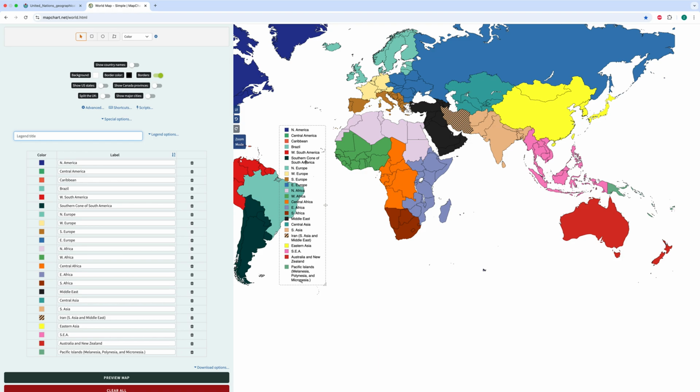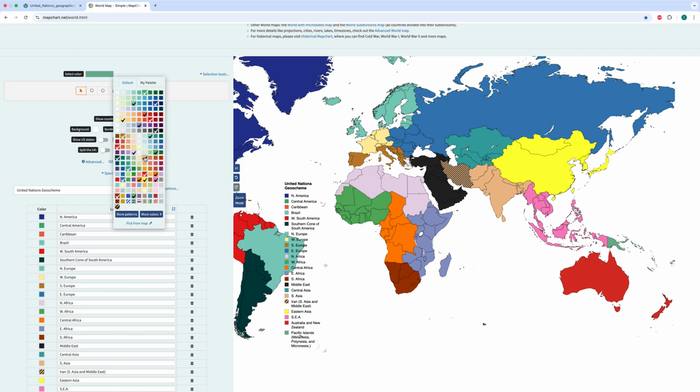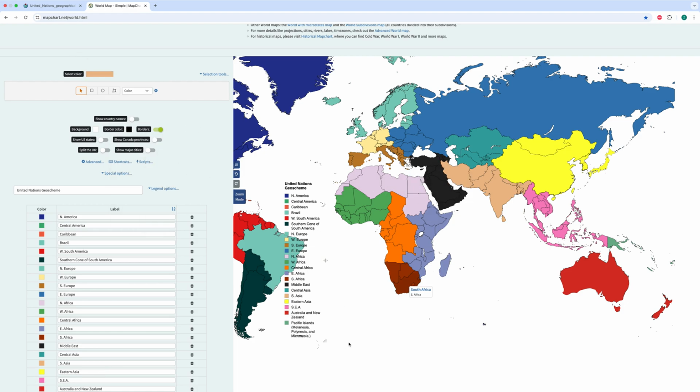This is the United Nations Geoscheme. I just put Iran as South Asia. No one cares.